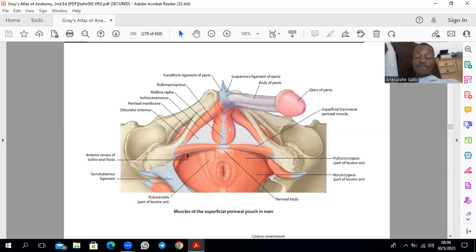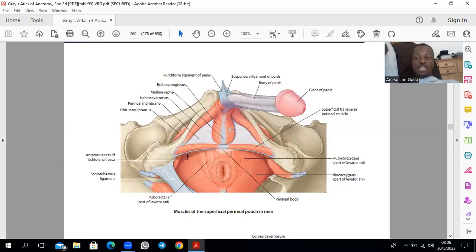Then also remember, find a way to remember the rest of the contents. For example, membranous urethra is in the deep perineal pouch. Penile urethra is in the superficial. For females, you say part of the urethra, part of the urethra. Right. Then also, the muscles that make up your urogenital diaphragm, they're in the deep perineal pouch.